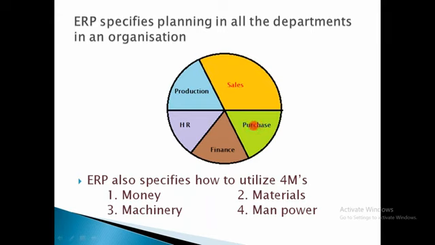If they don't procure the raw materials on time, they cannot manufacture the goods on time. If they are not manufacturing the goods on time, we cannot deliver the goods to customers on time. Everything is interlinked. So if you want to see the success of any organization, we require proper planning in all the departments. And that planning is specified in ERP.